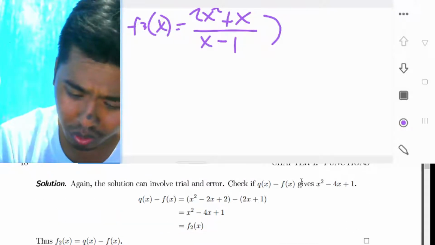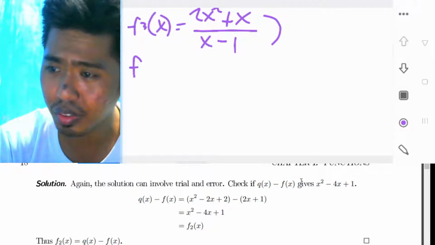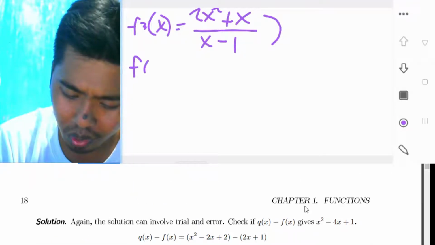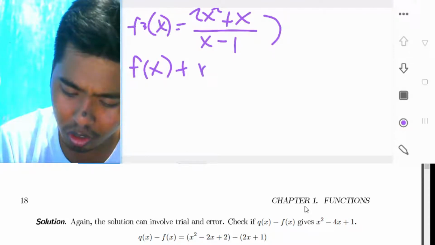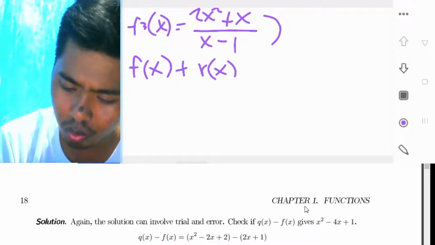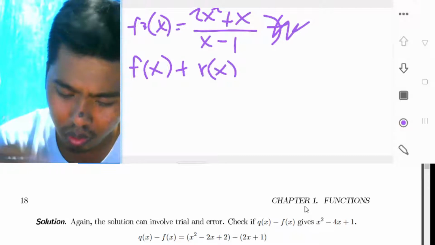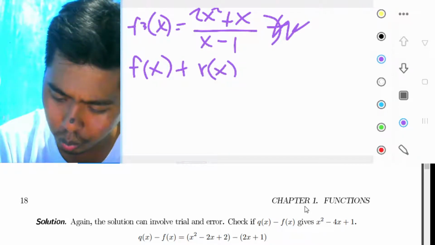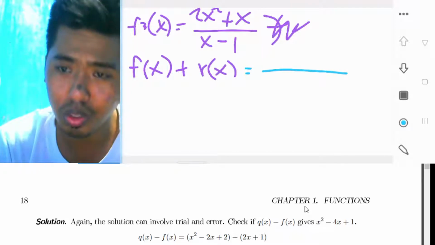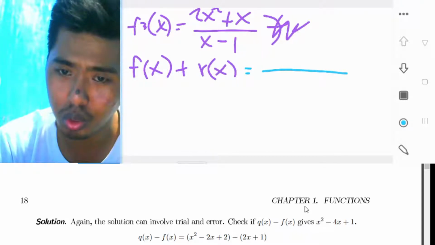Okay, so we will try to find f of x plus r of x. Let's check if it will equal this one. Now let's do the formula and the solution.